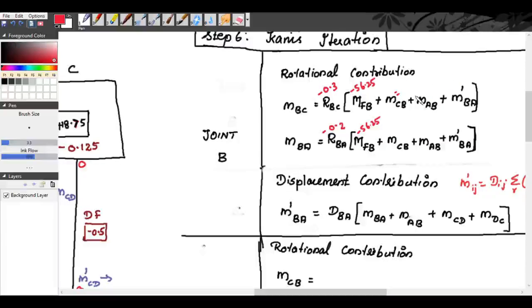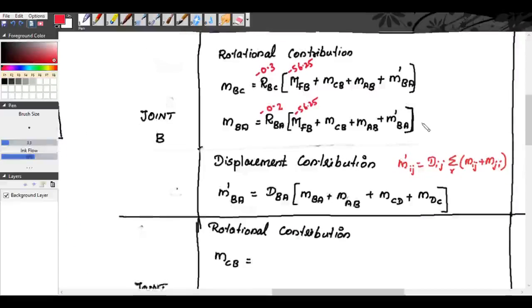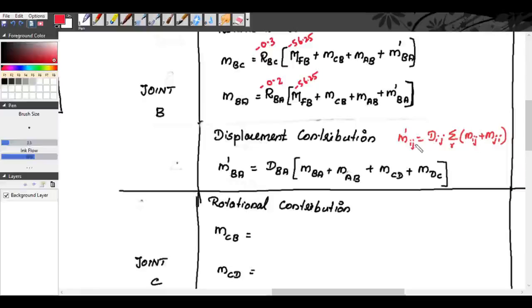Now, when you are coming to displacement contribution, the formula is M dash ij is equal to Dij into sigma R into (Mij plus Mji). You have studied this in the last class. Dij is the distribution factor for the column BA. At joint B we have only one column BA, and this distribution factor is minus 1. This is not going to change.